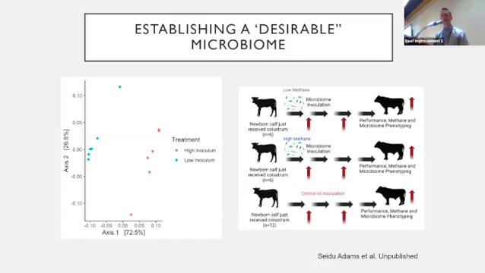And so we could take newborn calves, and you can see over here, in the pilot study, we used 6 newborn calves. And so within 24 hours of birth, we're inoculating a rumen with the microbial composition of either the high or low methane animal.